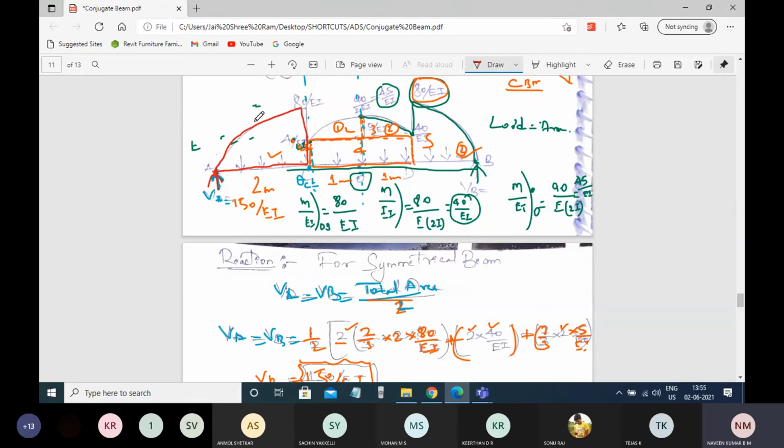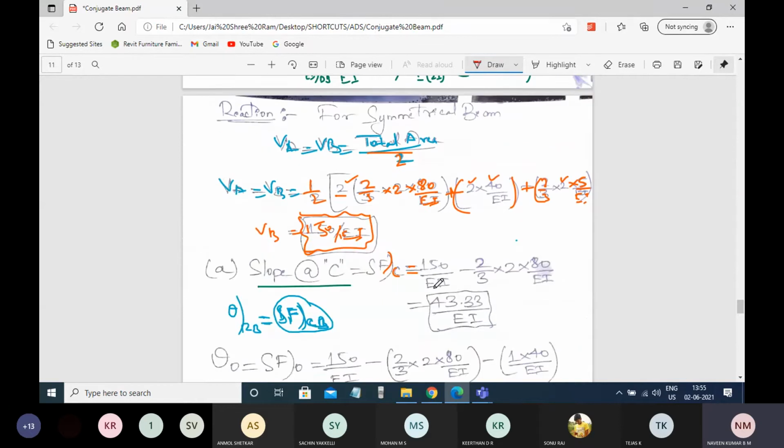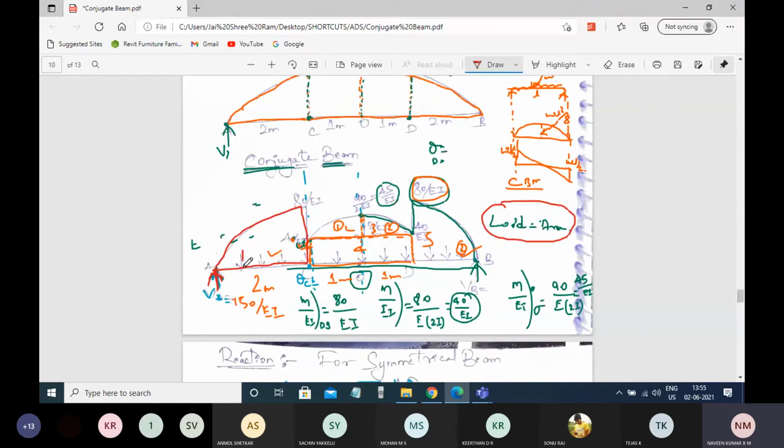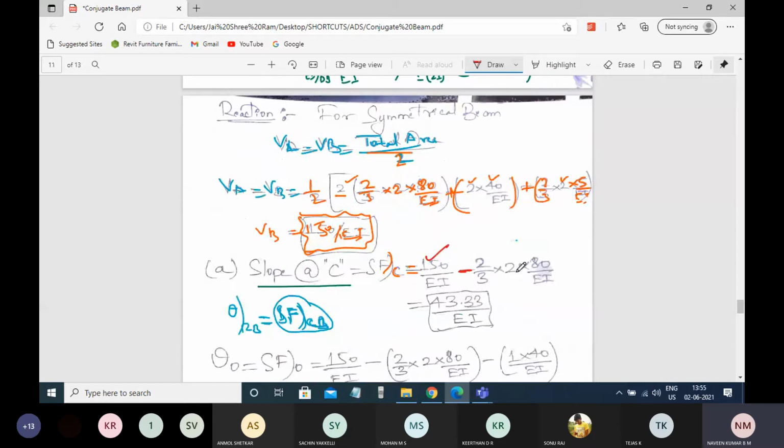Here load equals area, so the shear force is VA equals 150 by EI minus, why minus? This is acting downward, so minus the area of this particular portion, that is 2 by 3 times 2 into 80 by EI.